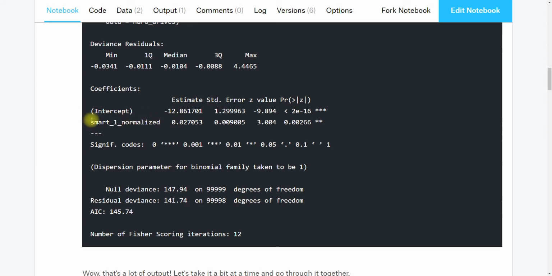And then this is our input variable, right? Smart 1 normalized. And this tells us the most likely change. So for every increase of 1 in smart 1 normalized, so every time the error rate increases by 1, we get this change in the log odds, which is what the logistic regression puts out.